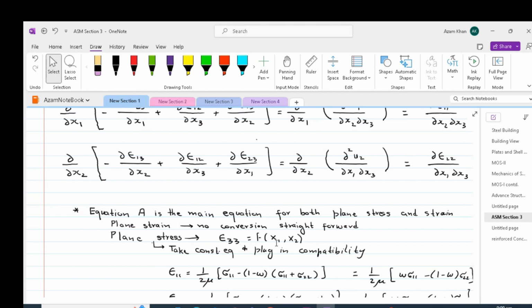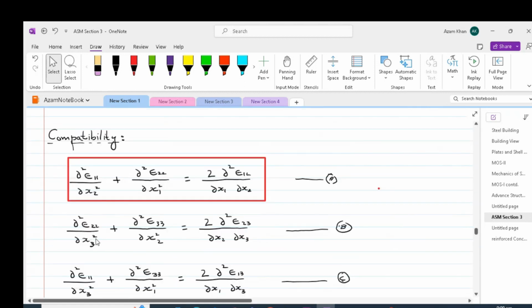So in the plane stress problem, we again assume that epsilon 22 is independent of the change happening in the x3 direction. So the first term comes out to be 0, and the term at the right hand side, which is epsilon 23, partially differentiated first with respect to x3 and then x2, that is also 0.